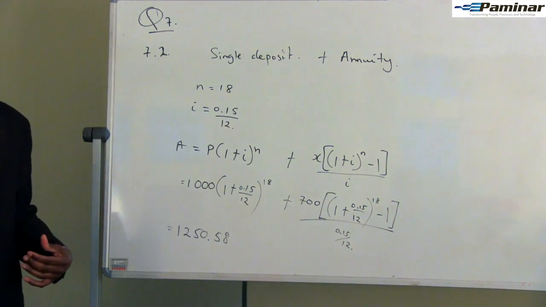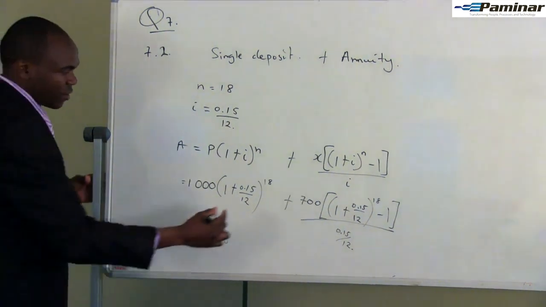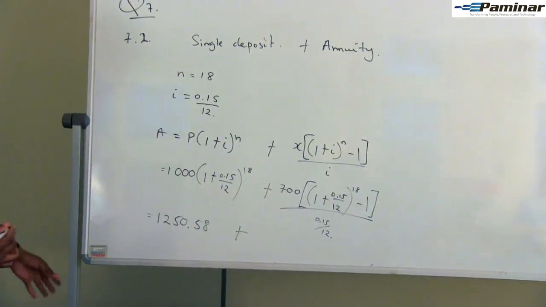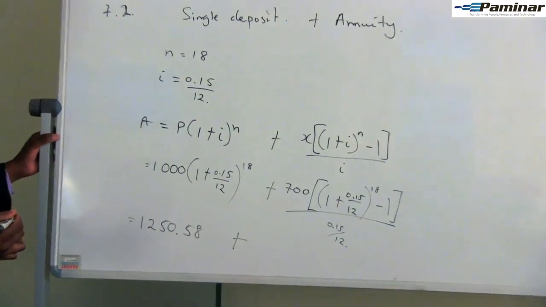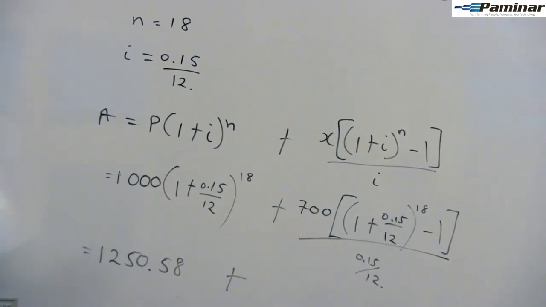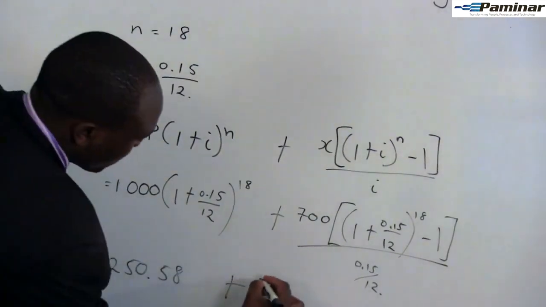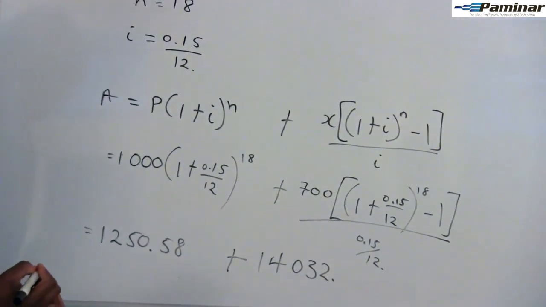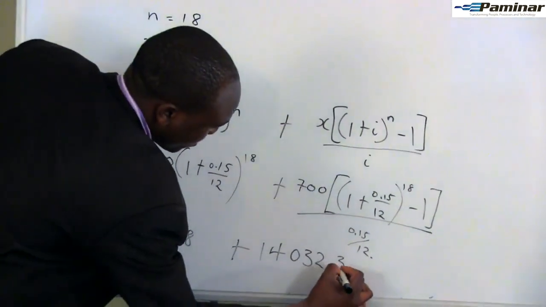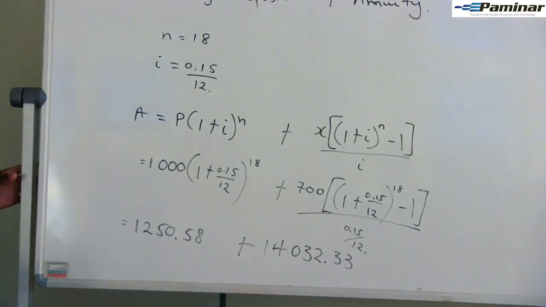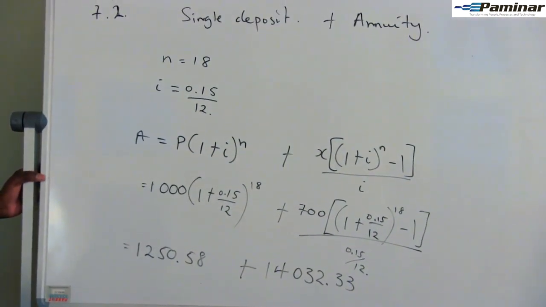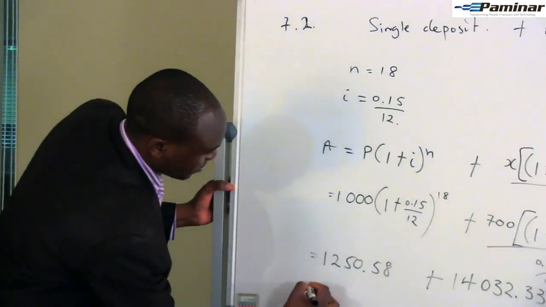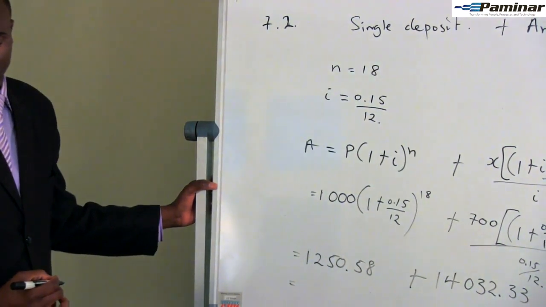You can just quickly round off to 2 decimal places. And then for this one, what are you going to get? Are you getting the same answer?